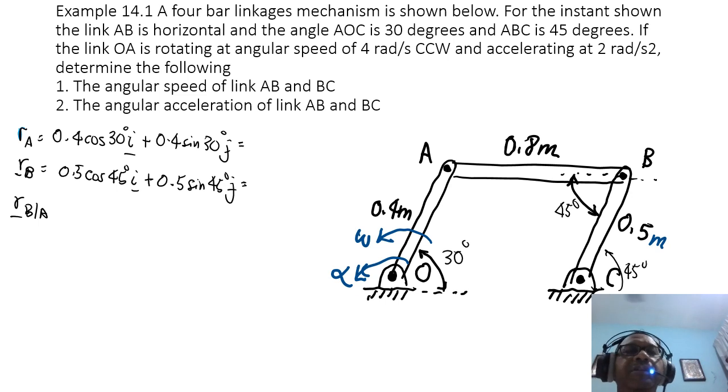B is 0.8 to the right of A in the positive x direction, so 0.8 I.